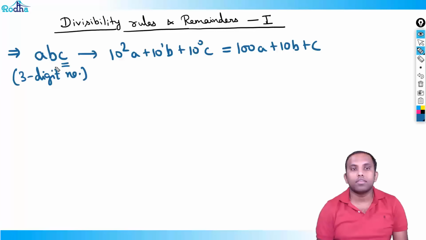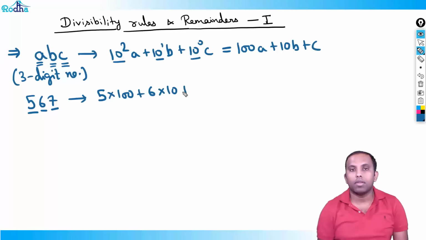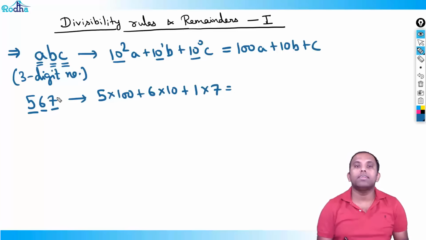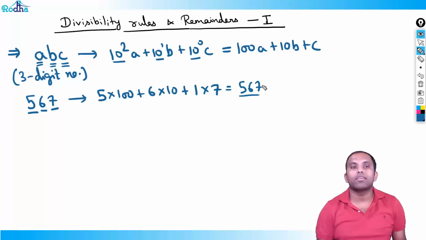This is ones place, this is tens place, this is hundreds place. So ones place 10 raised to 0, tens place 10 raised to 1, hundreds place 10 square. Why? Because a number like 567 can be written as 5 into 100 plus 6 into 10 plus 7 into 1. So always each digit is multiplied by its place value. This is how we write.